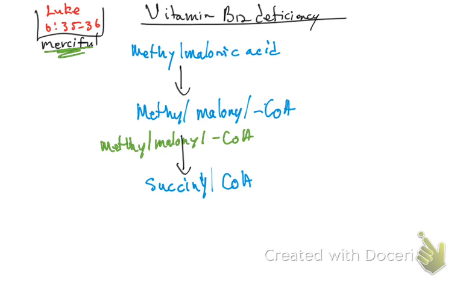You keep the name, but now the enzyme is called mutase. And this requires a vitamin, and the vitamin required is vitamin B12. That means you need vitamin B12 to work with methylmalonyl CoA mutase to convert methylmalonyl CoA to succinyl CoA.